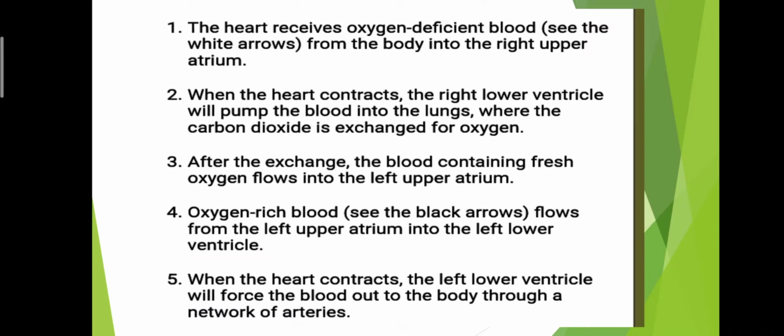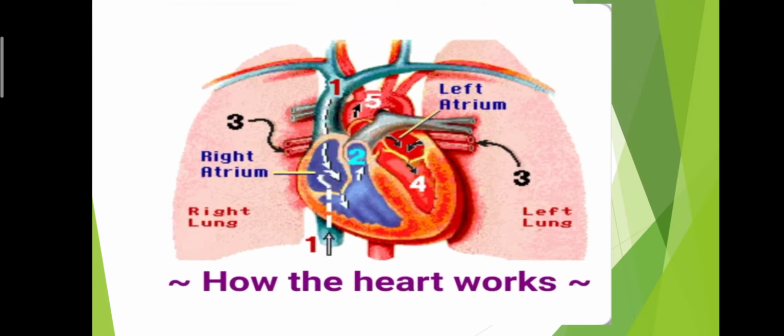When the heart contracts, the left lower ventricle will force the blood out to the body through a network of arteries. The left ventricle throws the blood out into the body through arteries.